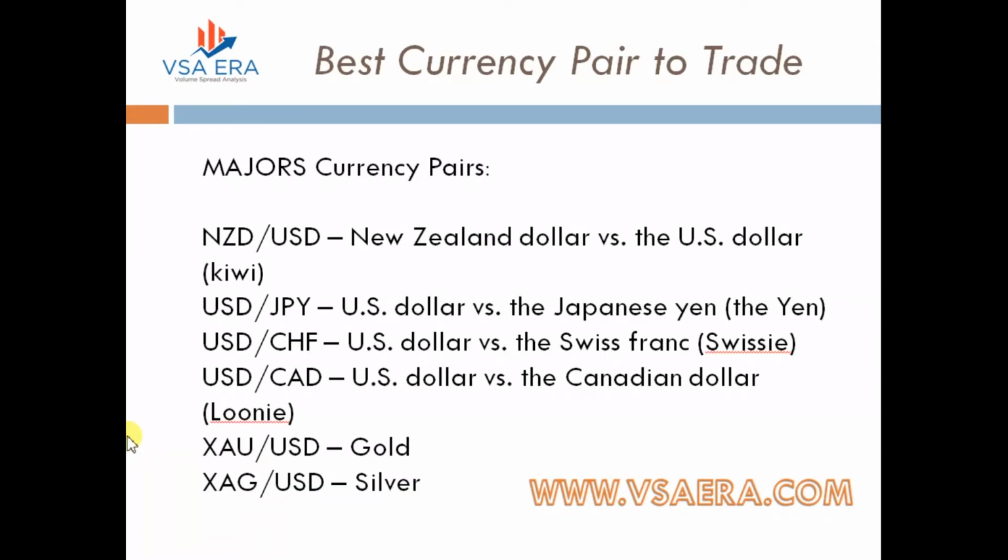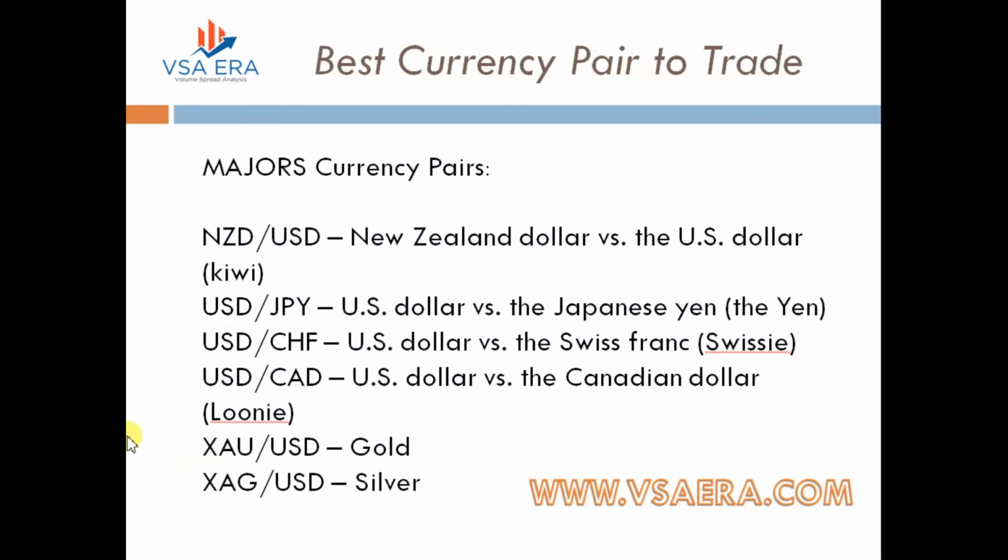Next one is New Zealand dollar with USD. Short name is Kiwi. US dollar with Japanese yen, we can call it shortly Yen. Swissy is Swiss franc with US dollar. Loonie is Canadian dollar with United States dollar.